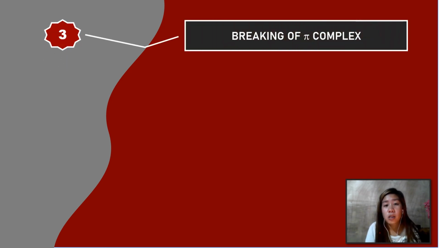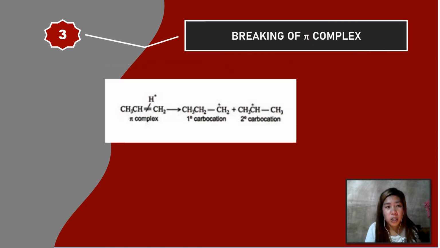So after the formation of the pi complex, we now have the third step, which is the breaking of such complex. Here in the picture, we can see that the pi complex was broken to form these two products.